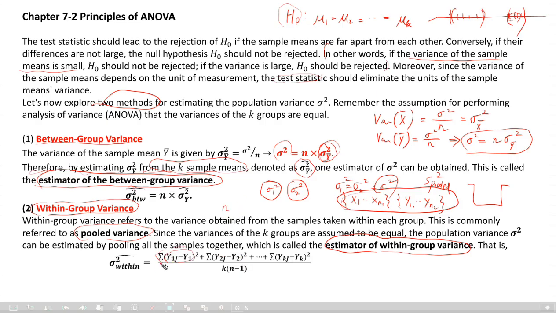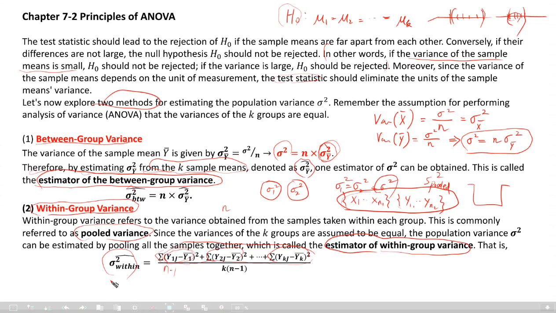So how many degrees of freedom? Here n minus 1, here n minus 1, here n minus 1 degrees of freedom. So the degrees of freedom of the numerator is k times n minus 1. We call it the within group variance estimator, sigma square within hat.